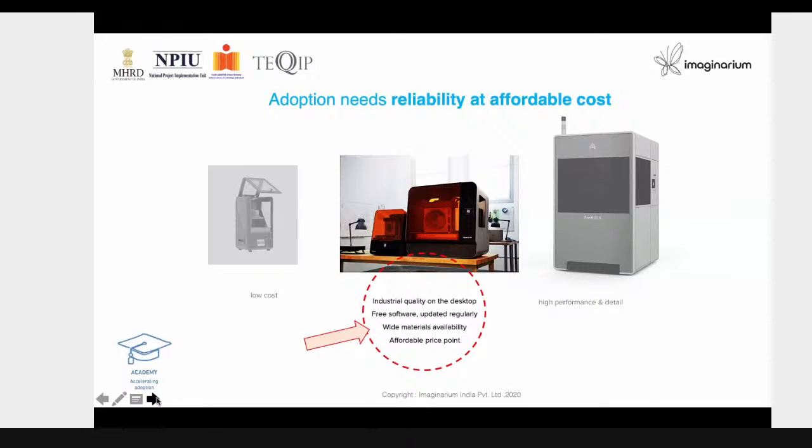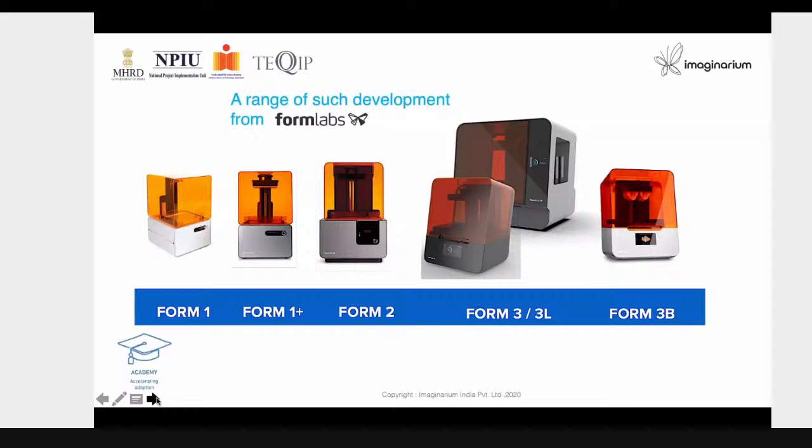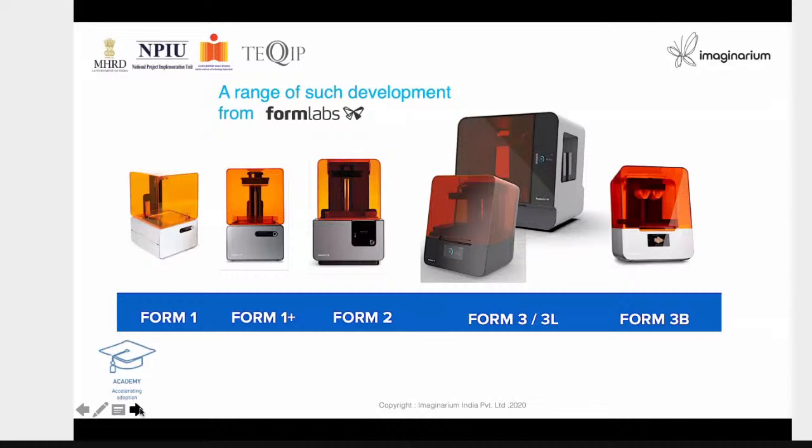And that's where I think Formlabs have brought in a lot of new things which are really good. What started with Form 1, Form 2, today Form 3, Form 3L, and Form 3B are all great products, highly reliable, and they give you production output just like a big system without much investment.